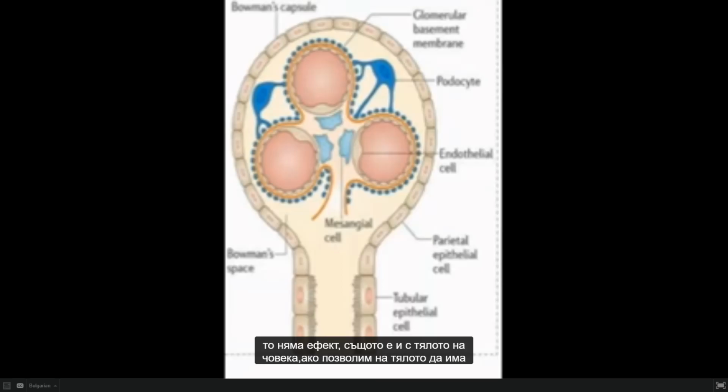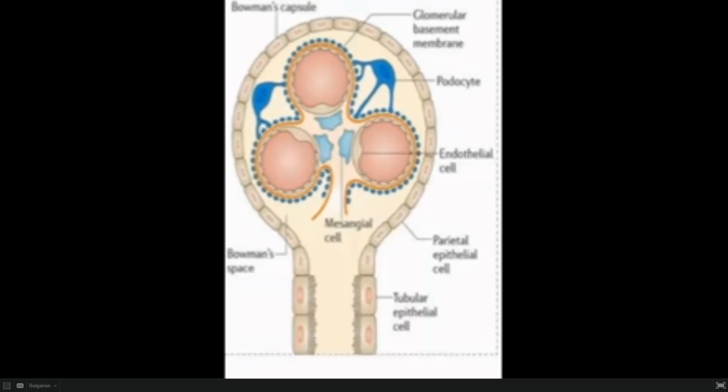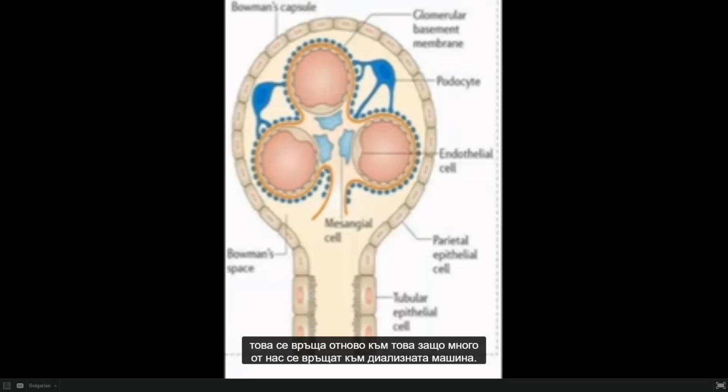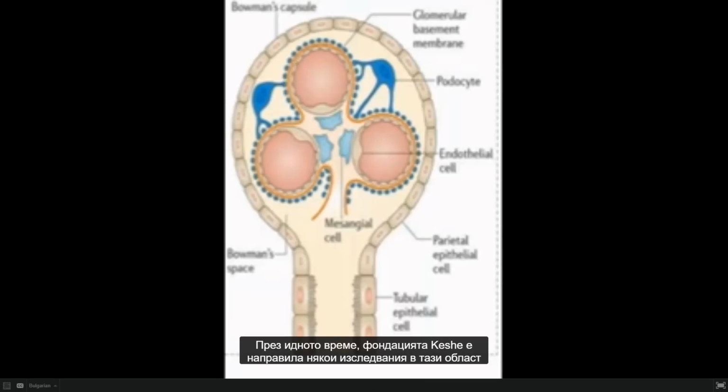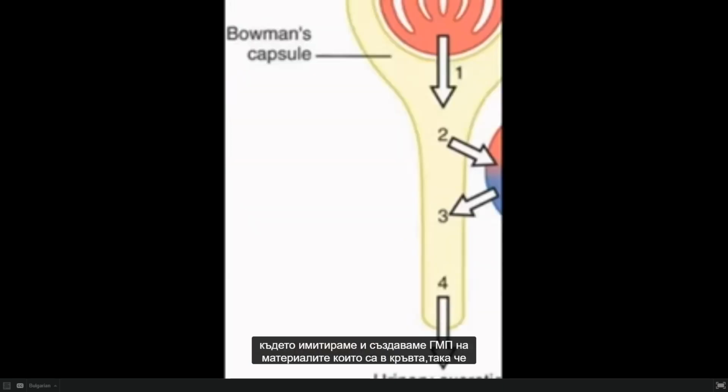It's the same with the body of the man. If we allow our body to add a part to it, it can be filtering anything. This goes back again to why a lot of us go on dialysis machines. In the coming time, Keshe Foundation has done some research in this field, where we mimic and create the gravitational magnetic field of the materials which are in the blood.